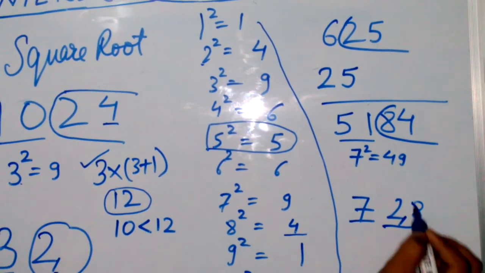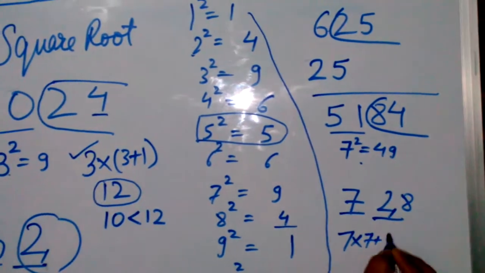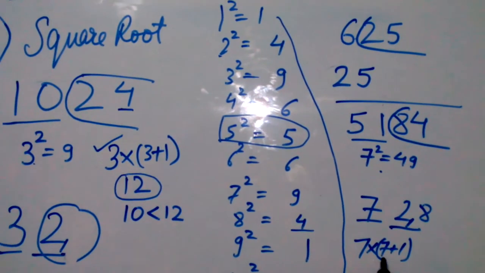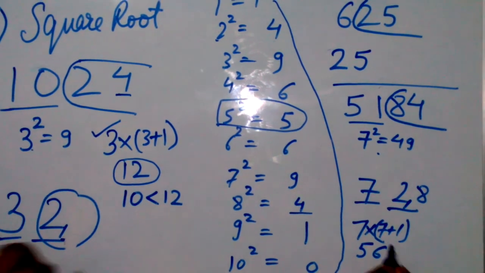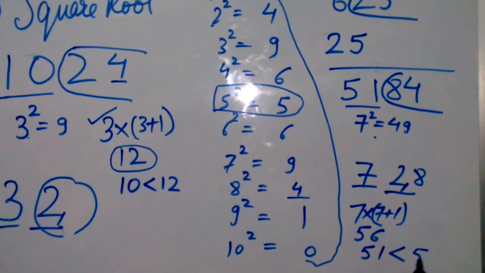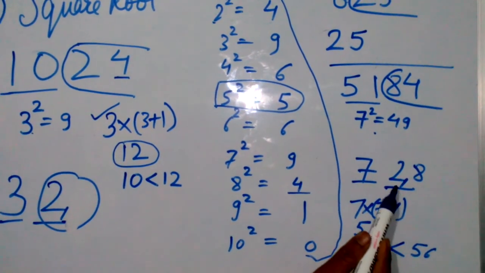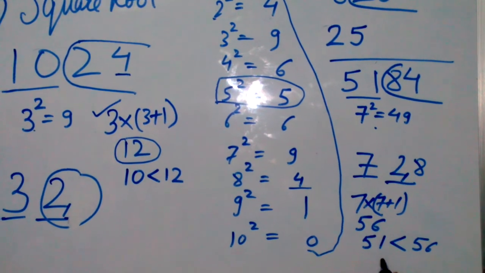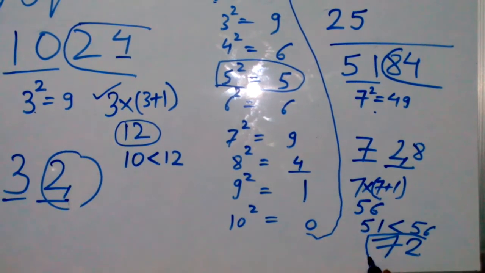To decide this, we compare 7 into 7 plus 1, that is 56. As 51 is less than 56, the main number is less than 56, so we will take the lesser digit, that is 2. So the square root of 5184 becomes 72.